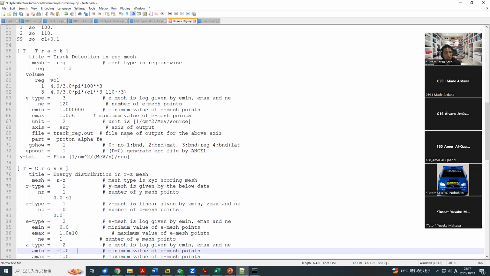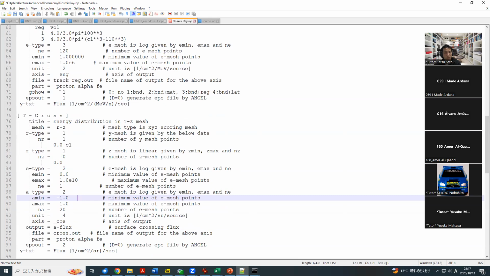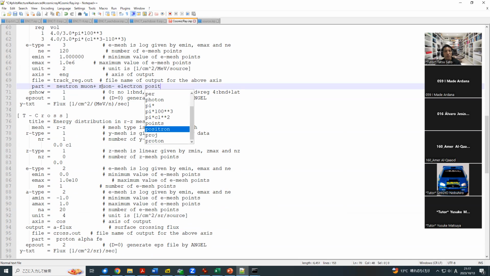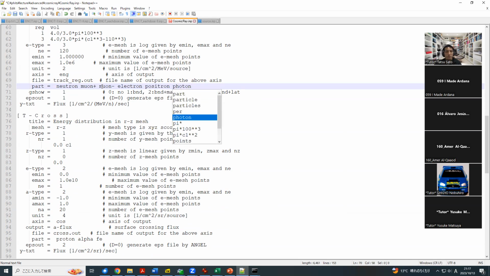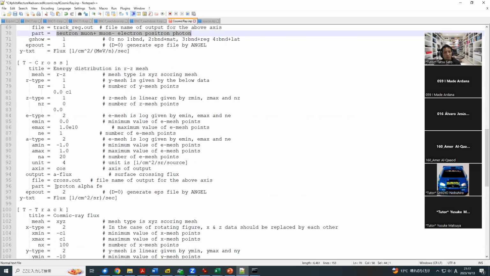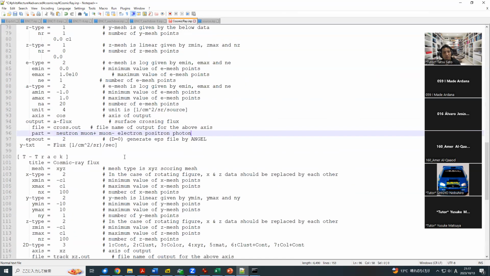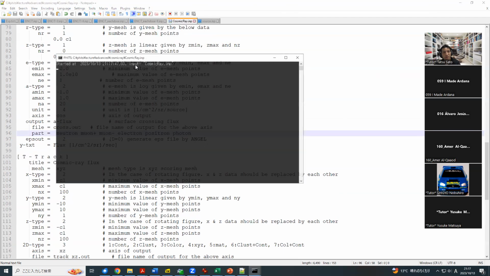And change the tally particles to neutron, muon plus, muon minus, electron, positron, photon. And here, okay, and save, run Fitts.